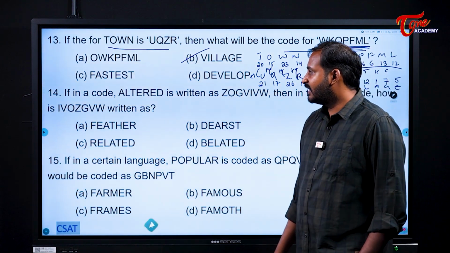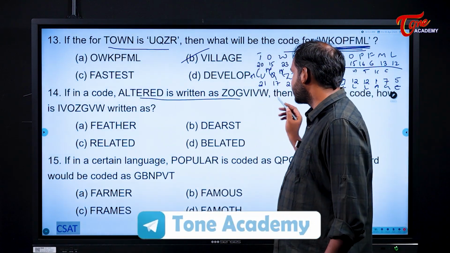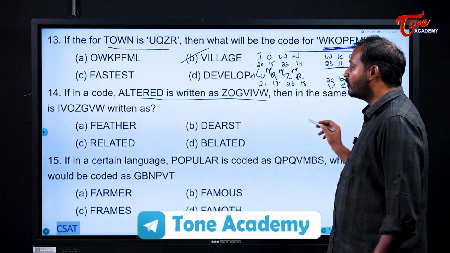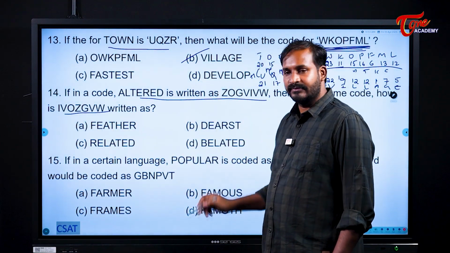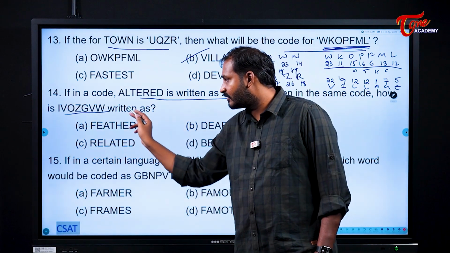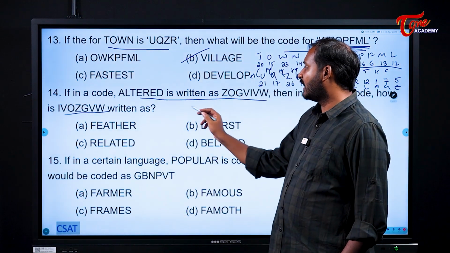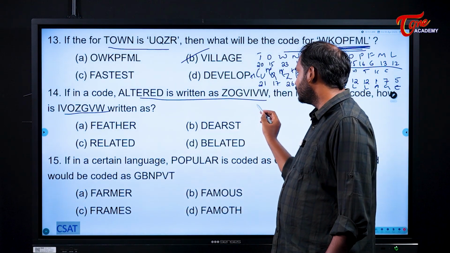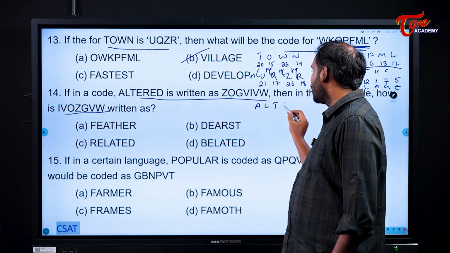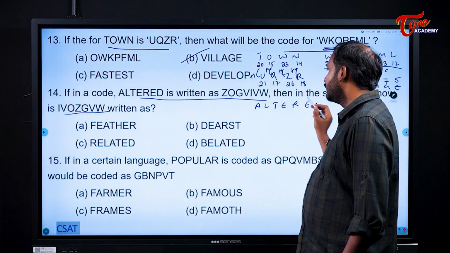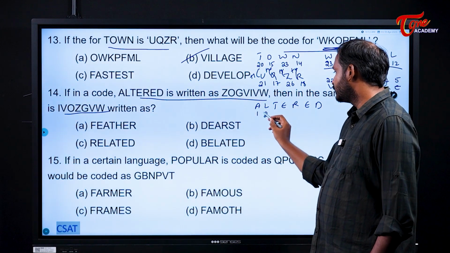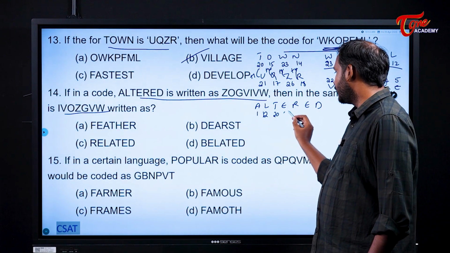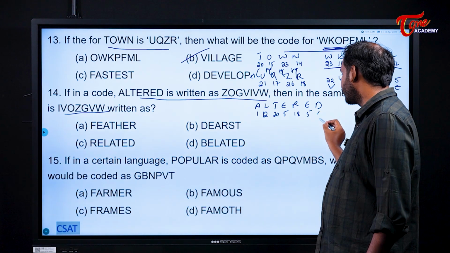Next one. If in a code altered is written as something like this, then in the same code how is this one written? We need to observe. Altered is written as like this one, right? So ALTERED, altered. This one is coded as what for us? First of all, I will write the place values 12, 20, 5, 18, 5 and 4.